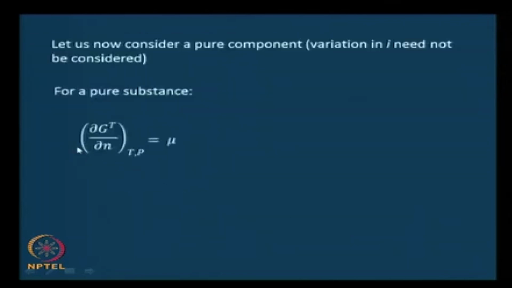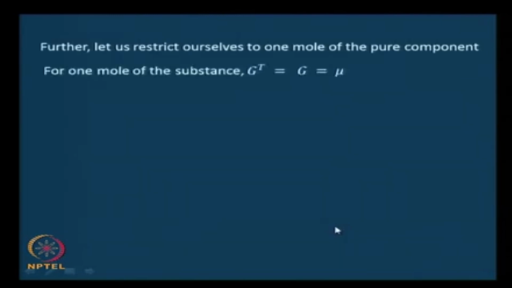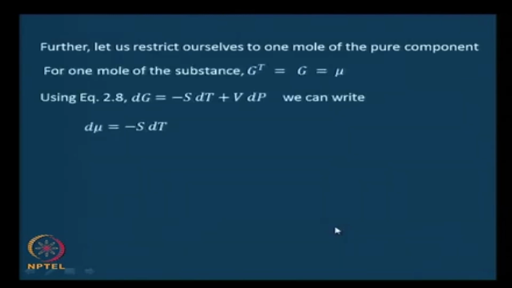And we went into writing the definition for a pure substance, and writing down equations for a closed system in terms of the chemical potential for a pure substance.